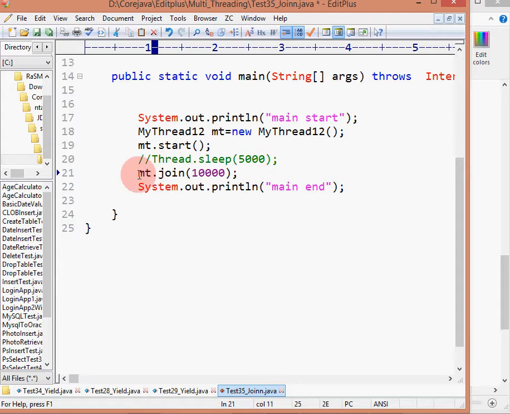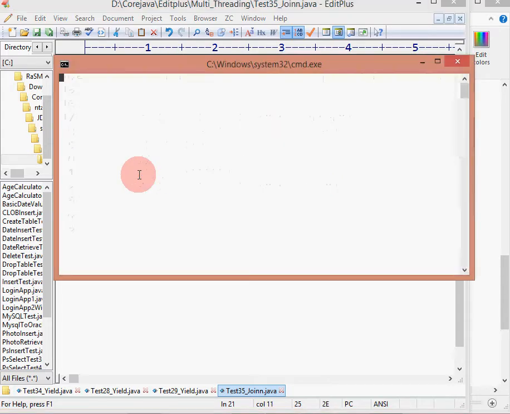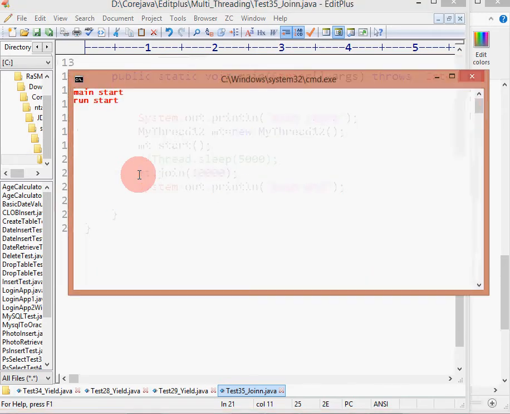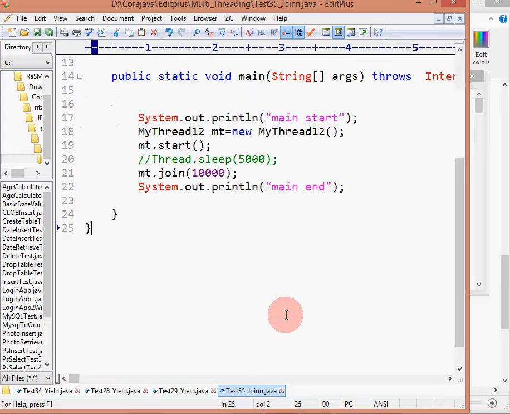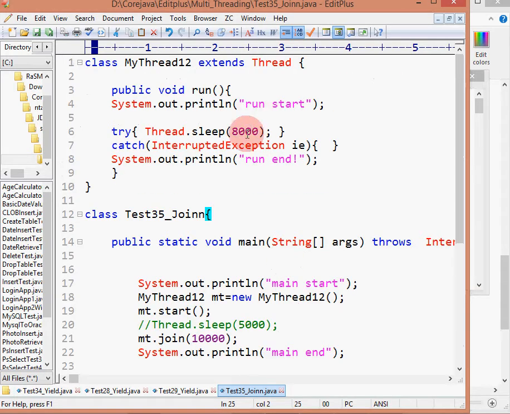See, 1, 2, 3, 4, 5, 6, 7, 8. It executes directly. That means whenever control comes here, it executes the thread for 8 seconds. After that, it doesn't wait the remaining 2 seconds to execute.